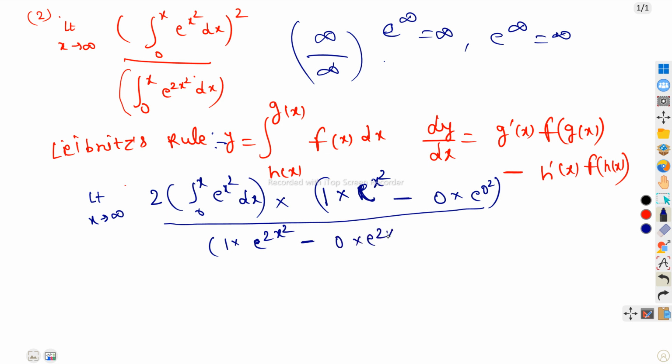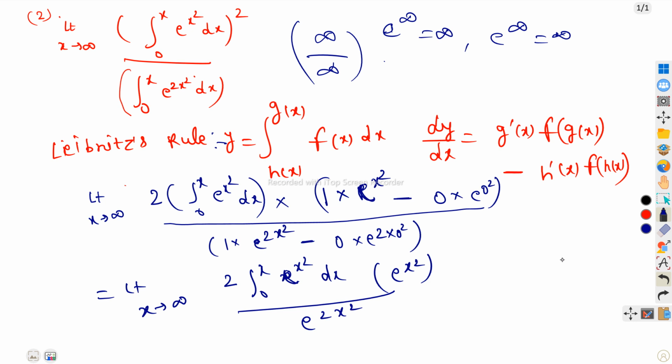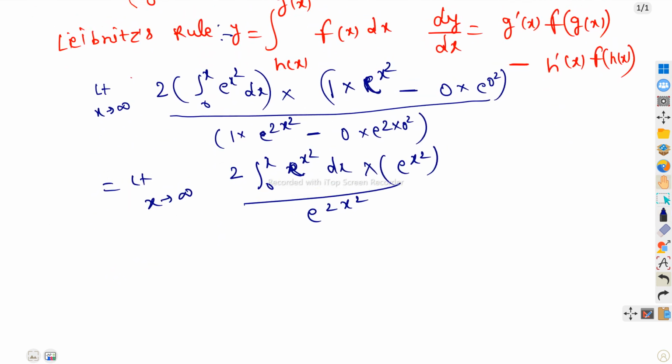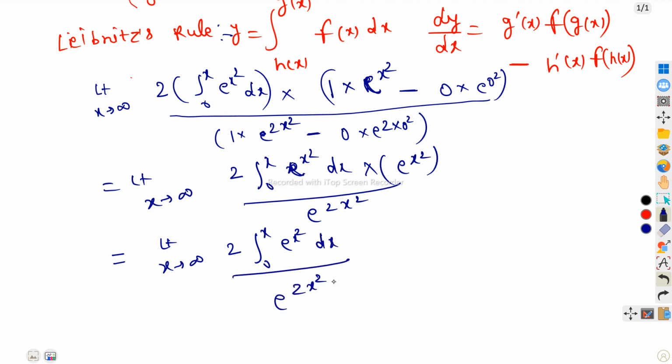So again this becomes limit x tends to infinity of 2 times the integral from 0 to x of e^(t^2) dt upon e^(x^2).